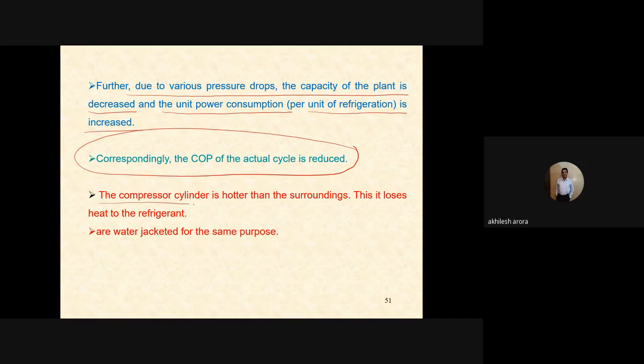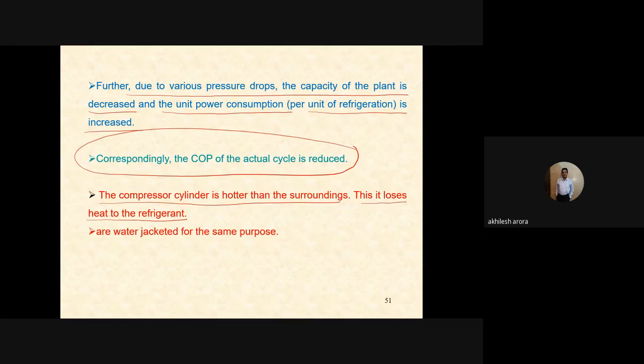The compressor cylinder is hotter than the surroundings. This is thus it loses heat to the refrigerant. I think this line is not correct, as I have already explained you.